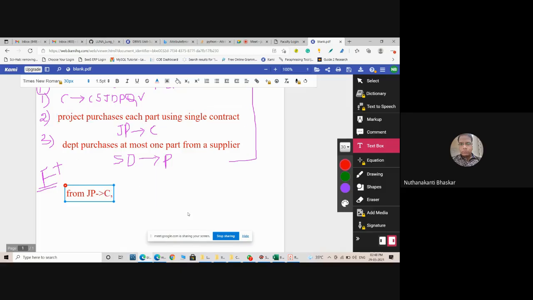JP determines C, and C determines C, S, J, D, P, Q, V. Now, from these two, you can apply the transitivity rule. Are you clear?